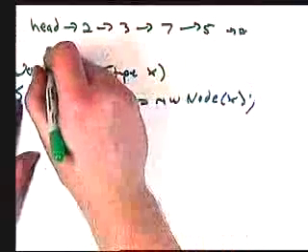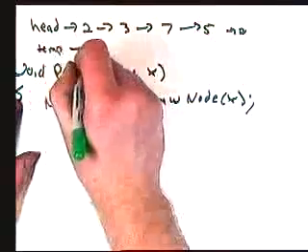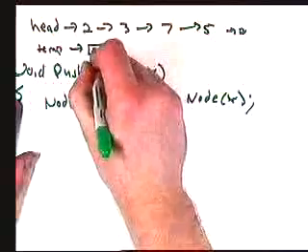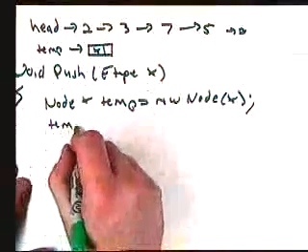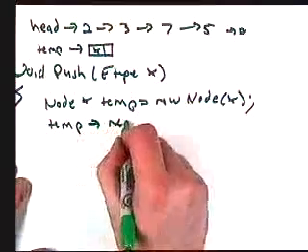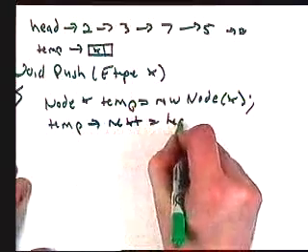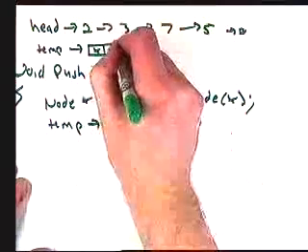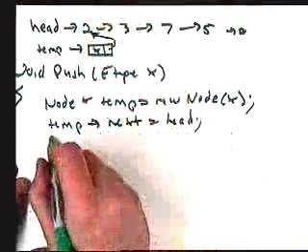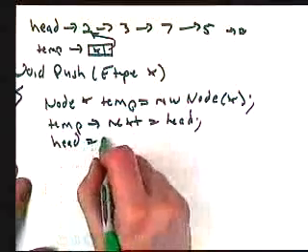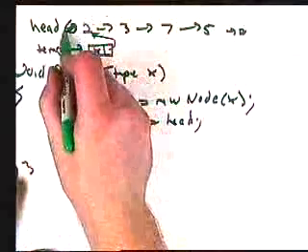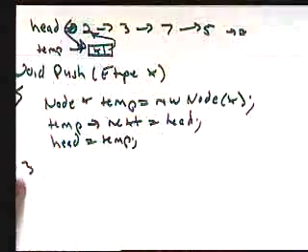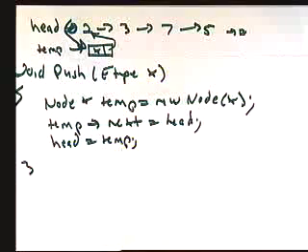Let's create a temp pointing to a new node x, new node holding x. Then I can say temp next equals head. So that would point to 2. And then finally, head equals temp. And so head would stop pointing to 2 and would point instead to this new first node. And now we've inserted on the front with just those 3 lines.